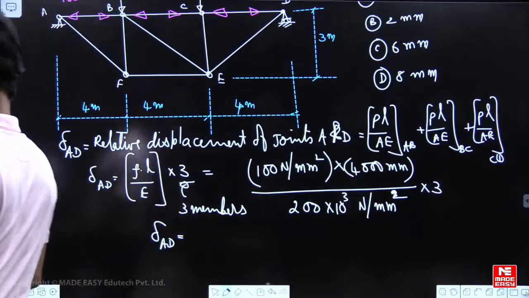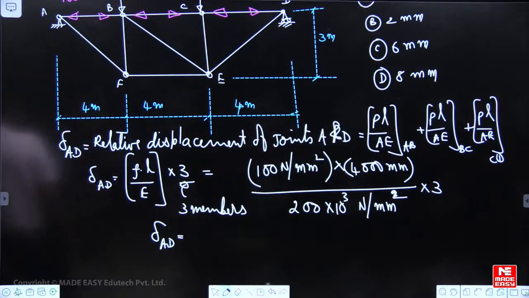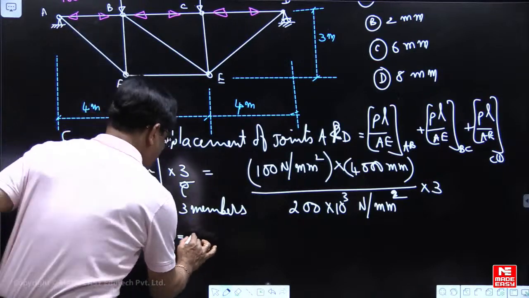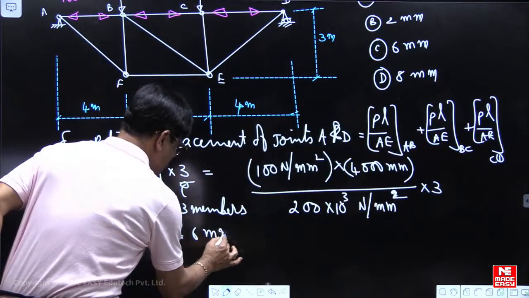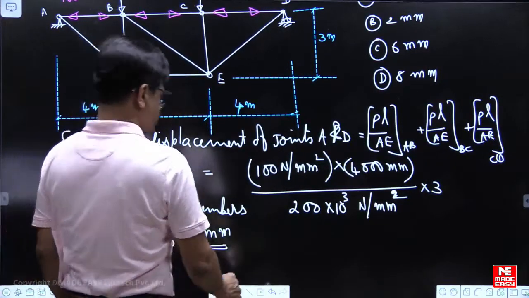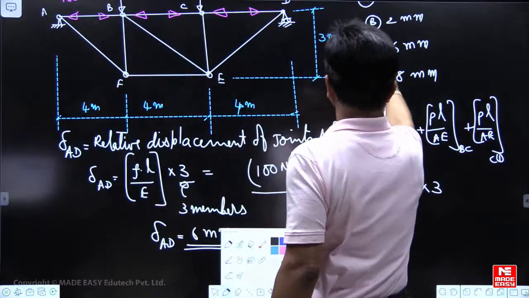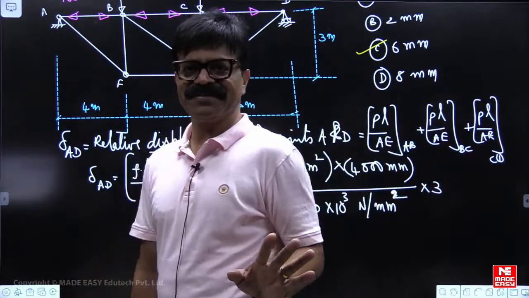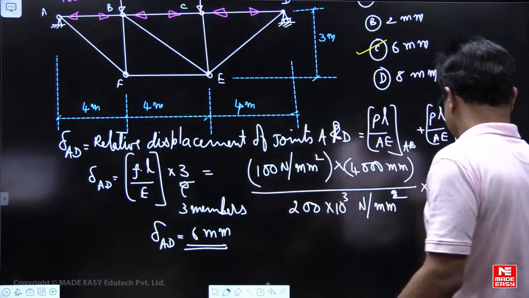So this value you will get. Yes, my goodness. So I think all of you are thoroughly understanding what we are talking. You will get around 6 mm. So 6 mm is the option. Your 1 minute time finished. It's like that.